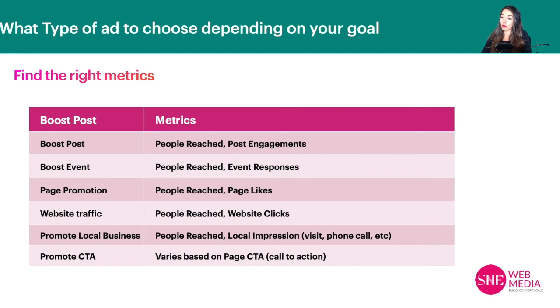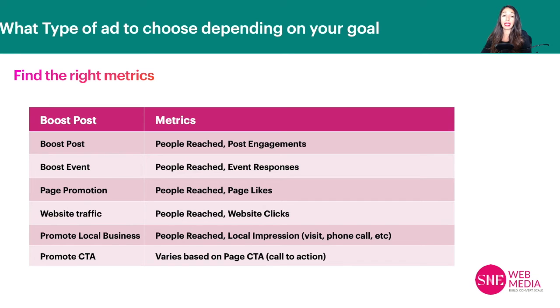By local impression, when it comes to Facebook advertising, we mean, has it been a visit? Has it been a phone call? Have they pressed your call to action button? Because that's what we want. Have they come in? Have they grabbed a coupon? Whatever we mean by local impression is what we want them to do.